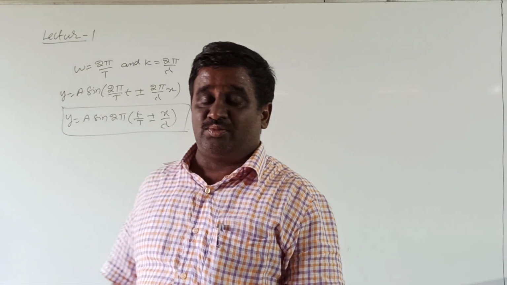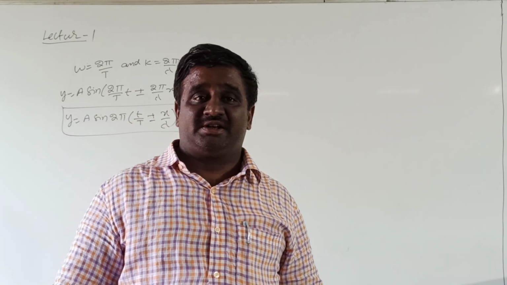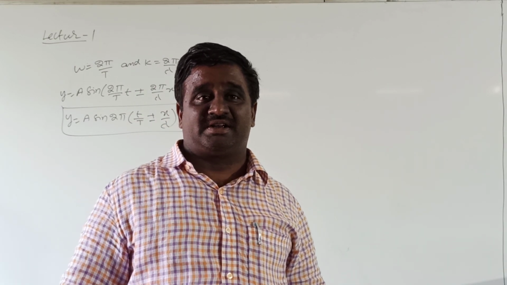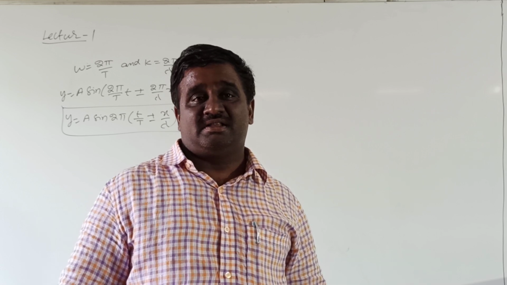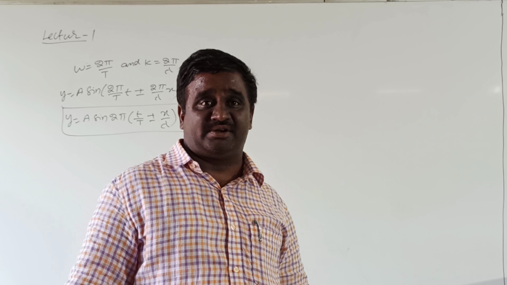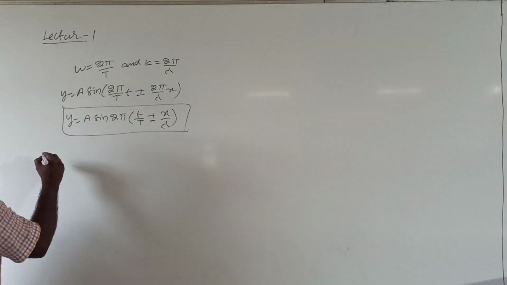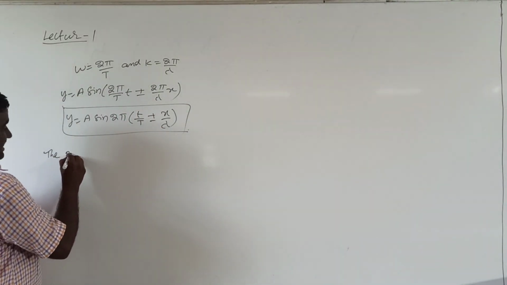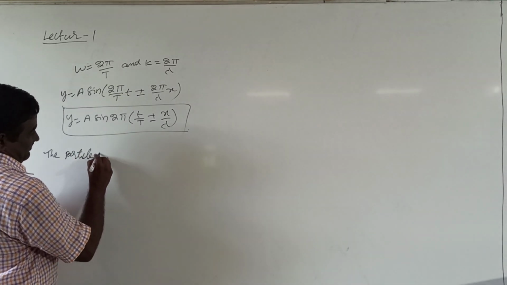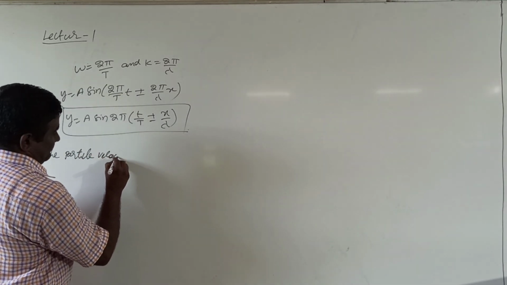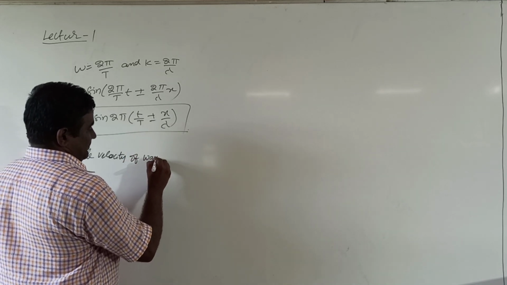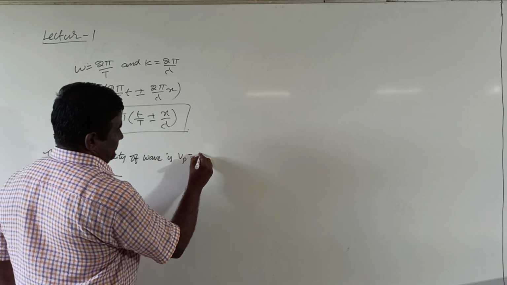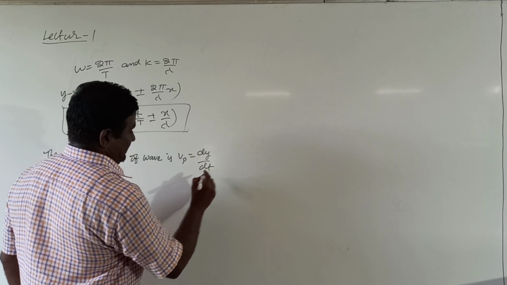In progressive wave propagation, the particles of the medium or the particles of the wave execute simple harmonic motion. Hence, the particle velocity of the wave is Vp equal to dy by dt.